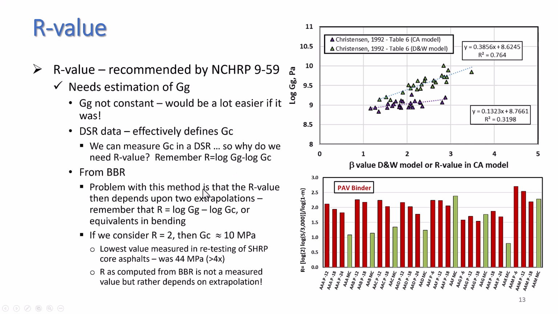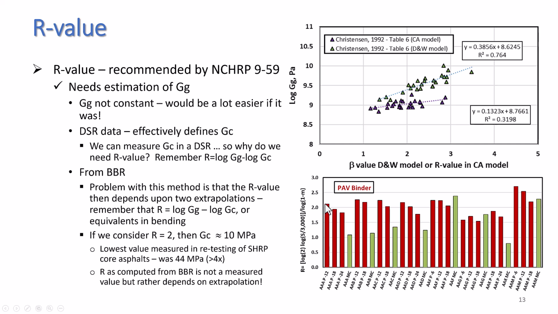From the bending beam rheometer data, NCHRP 959 suggested that we calculate this using the stiffness at a loading time of 60 seconds from an isothermal stiffness. Now, for the SHARP core asphalts, I've done this, and this is the red bars in this graph. We had, for example, with AAA, 3 isotherms of stiffness: -12, -18, and -24.